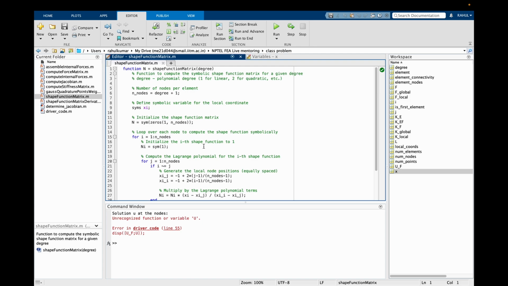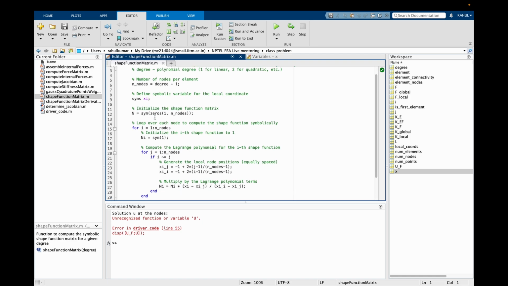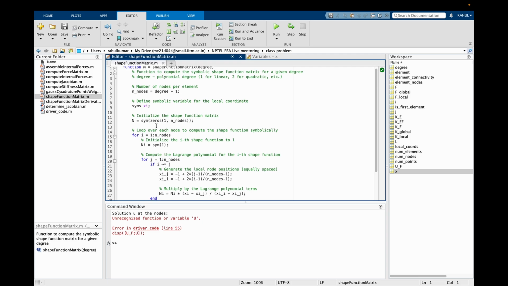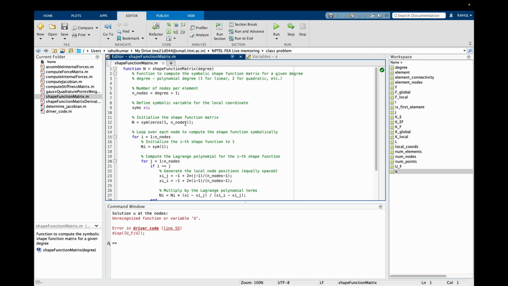Okay. So in this code I have written n nodes equal to degree plus 1, and I have also initialized a symbolic variable for zeta, written as xi. And here N is the shape matrix, which I have initialized first.